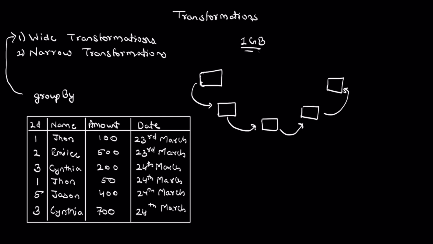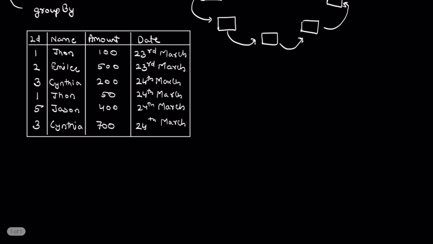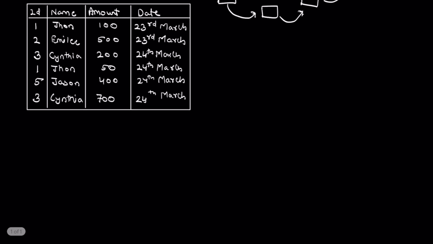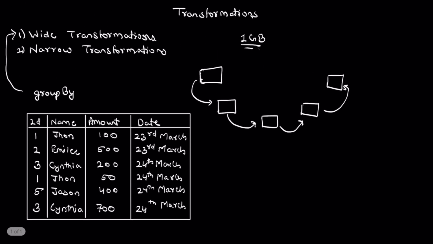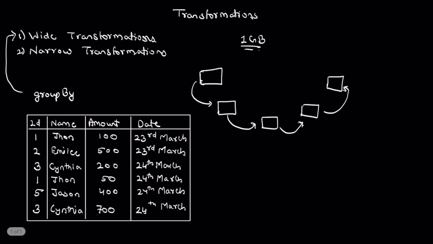So what will happen is, let's assume this data is in executor 1. This row is in executor 1. This row is in executor 2. This one is in executor 2.